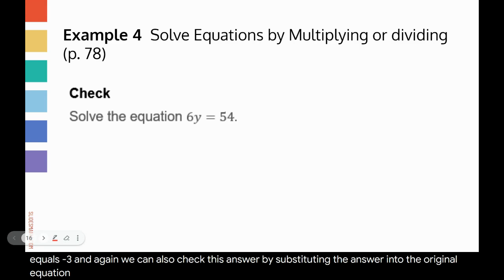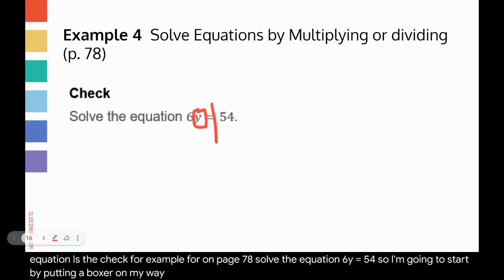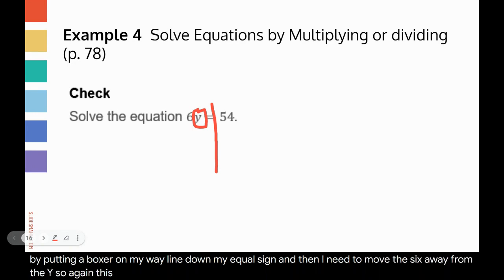Okay, this is the check for example 4 on page 78. Solve the equation 6y equals 54. So I'm going to start by putting a box around my y, line down my equal sign, and then I need to move the 6 away from the y. So again, this is multiplication, 6 times y, and the inverse of multiplication is division.